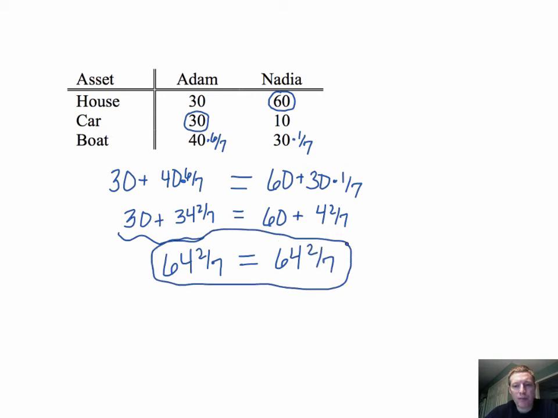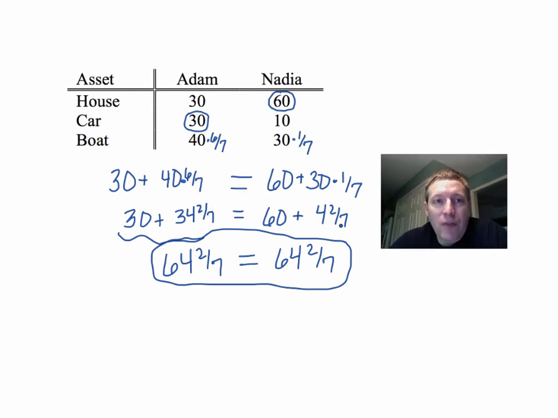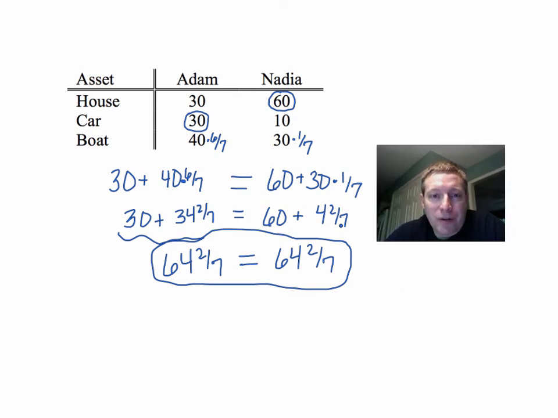So both people mathematically get 64 and 2/7 points of the stuff that they bid on, which is perfectly fair. They just have to figure out how to share the boat in sevenths somehow, using sevenths of a year or something of that nature. So that is the adjusted winner procedure with a problem that was a little complicated.